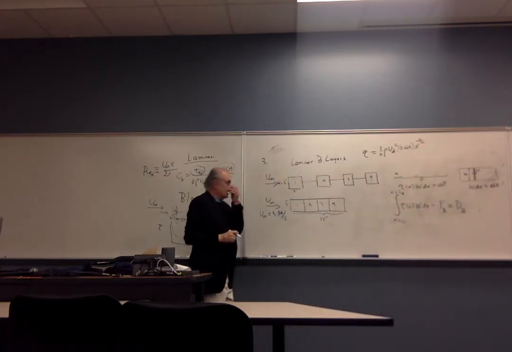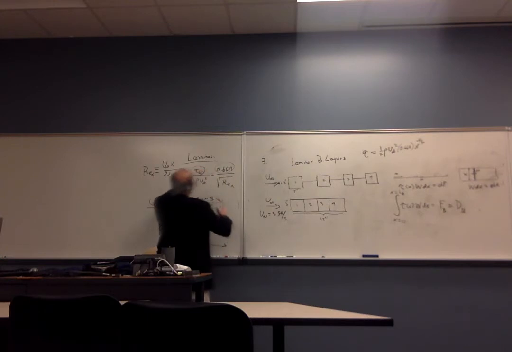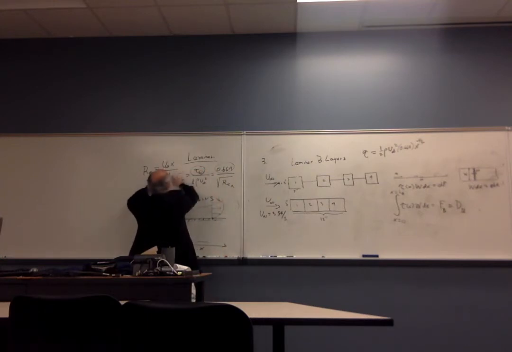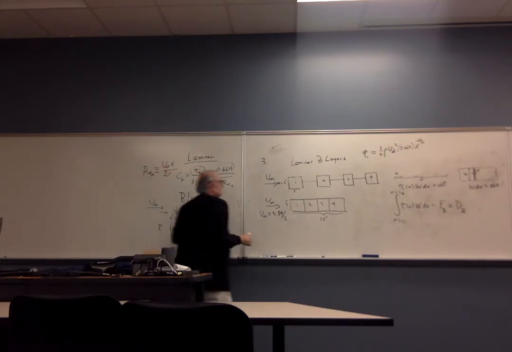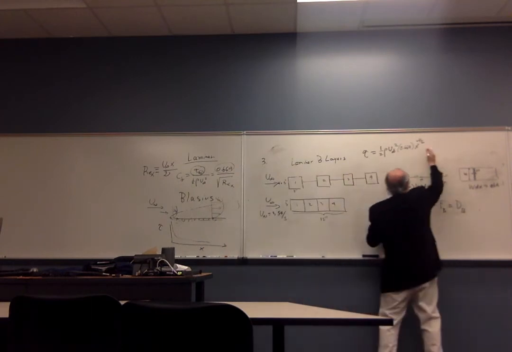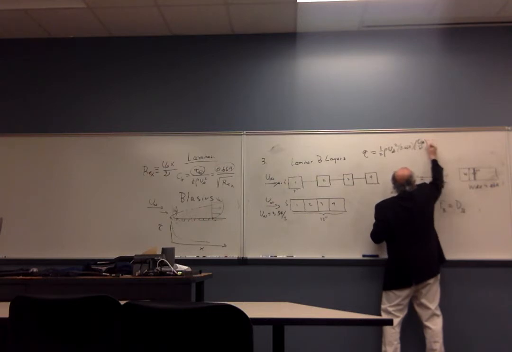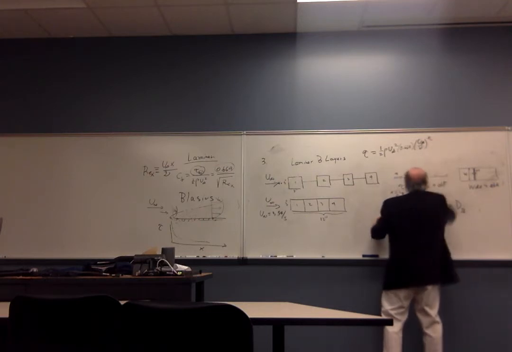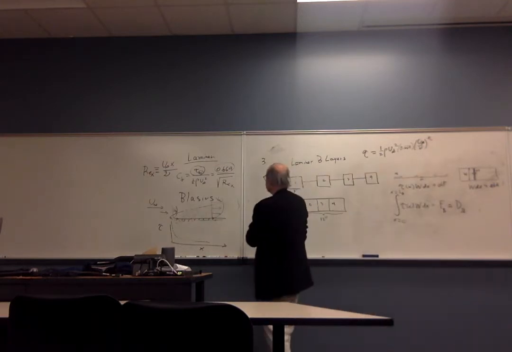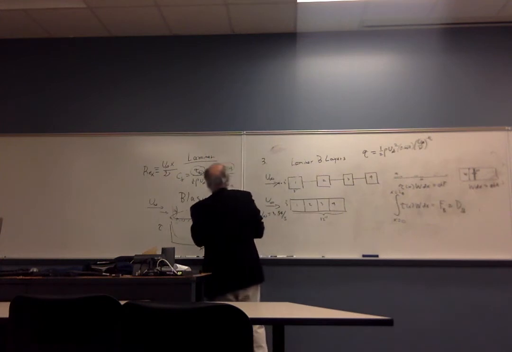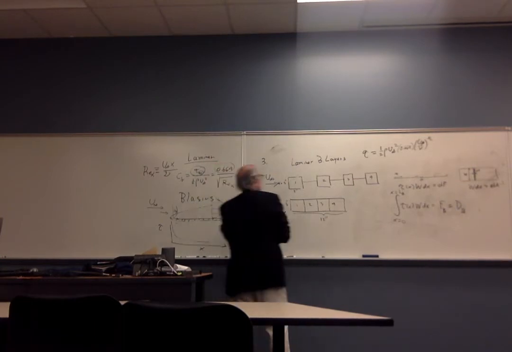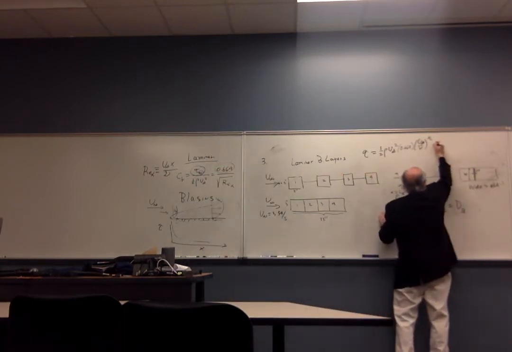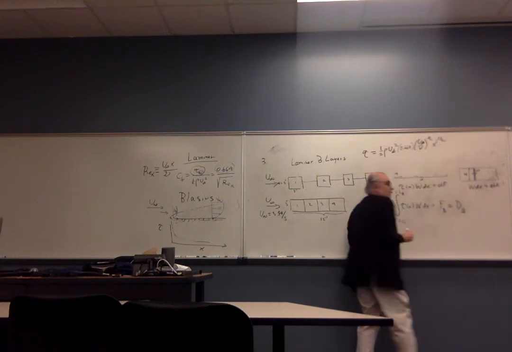It's got to be x to the minus 1/2, and u infinity over nu. I think it's got to be u infinity over nu to the minus 1/2. Wait a minute. Yeah, u infinity over nu to the minus 1/2, and x to the minus 1/2, right?